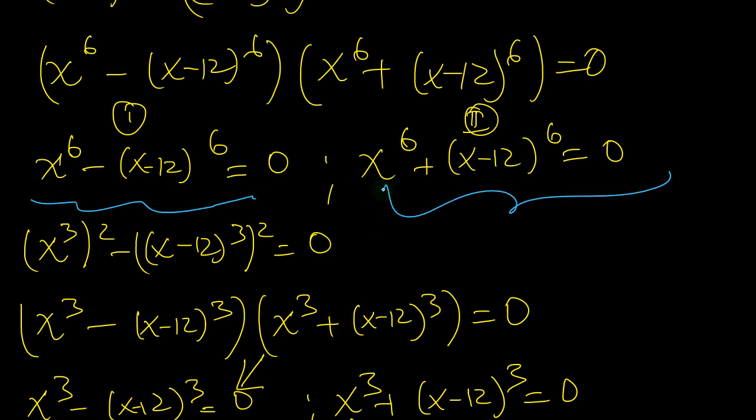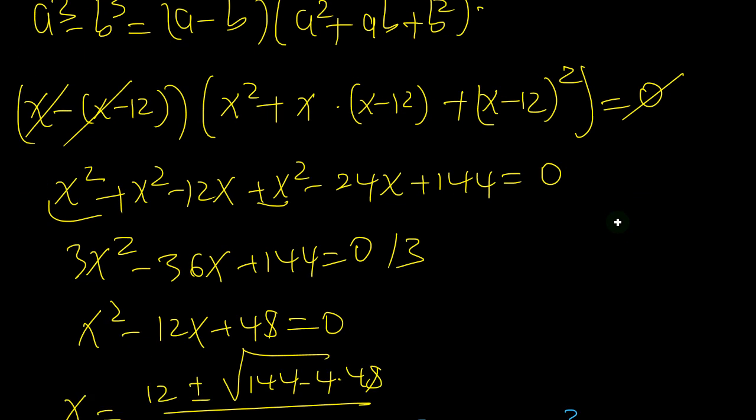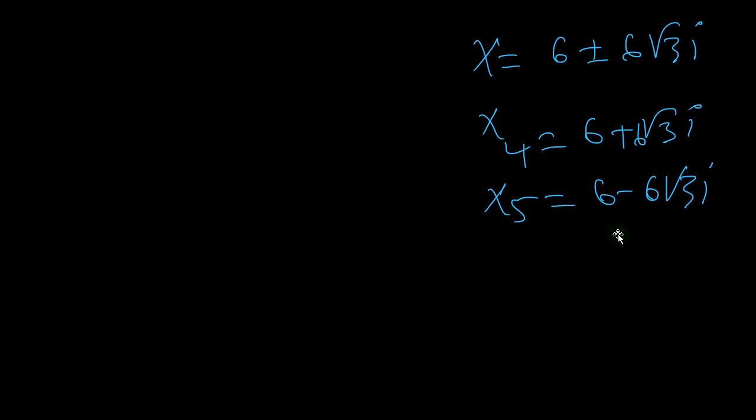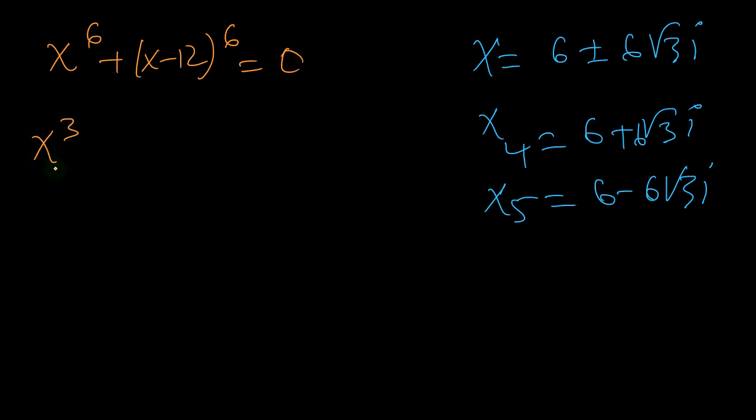So now we're going to get to the second one, let's solve this. We have x to the 6 plus x minus 12 to the 6, and this is 0.